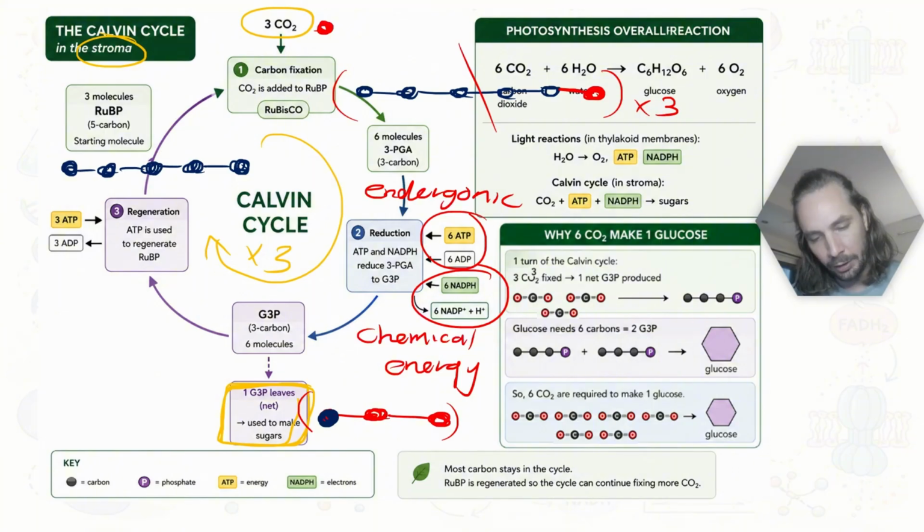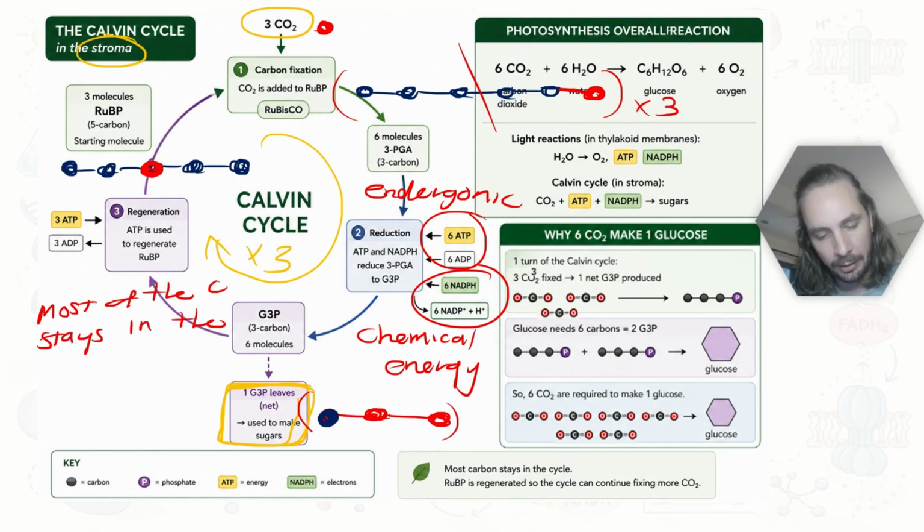Maybe one of these carbon dioxides is now part of the regeneration, because most of the carbon stays in the cycle. And that is why this cycle can continue and continue and continue.